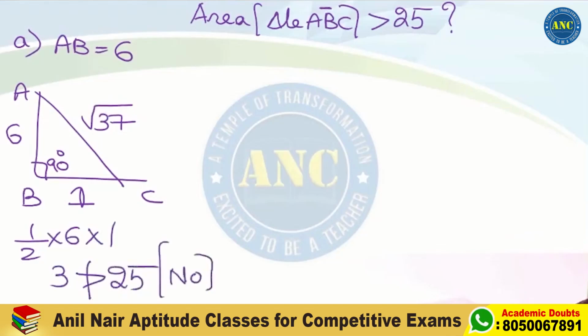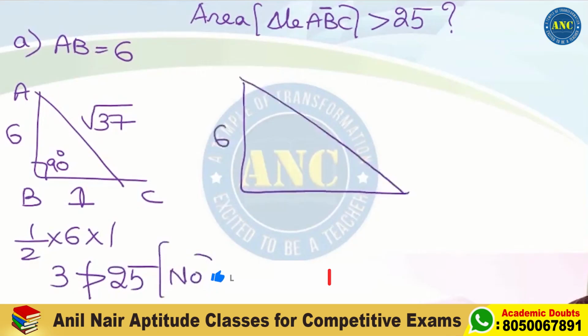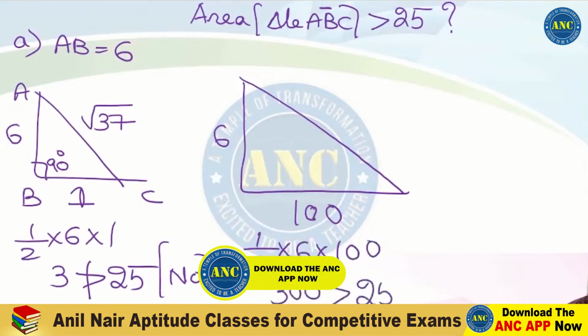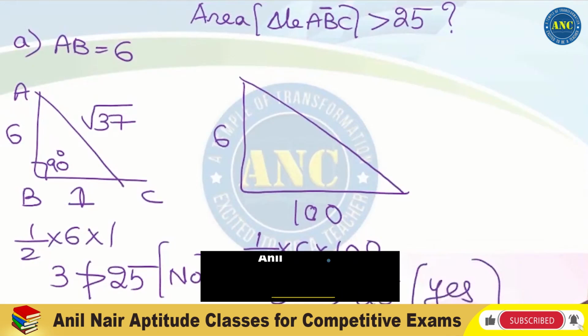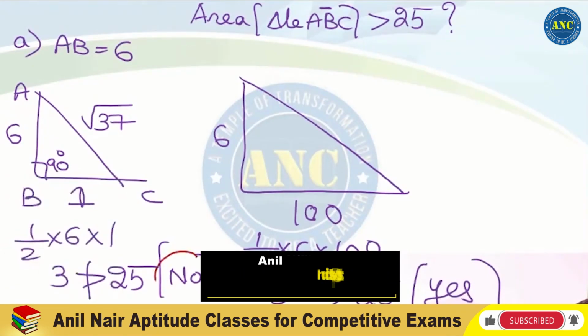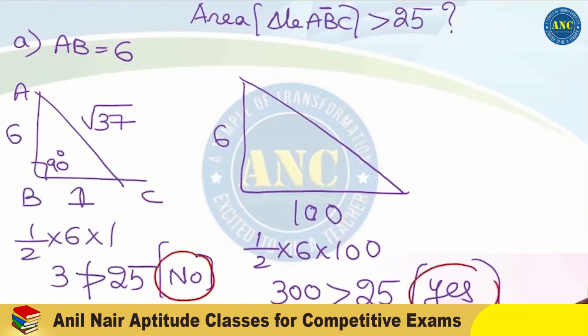If I take another value, you can take any value, say 100, then half into 6 into 100 is 300. 300 is greater than 25, so I am getting the answer yes.